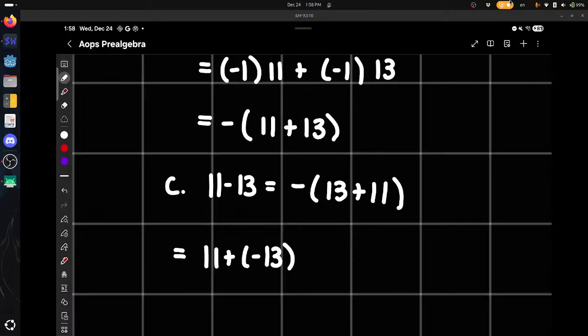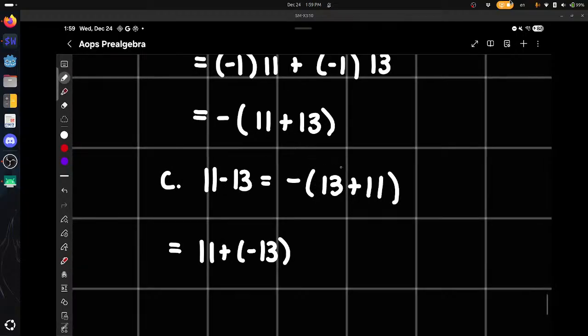I think I might have to go back a few pages, and no, that's multiplication. This is pretty weird because I see on the right hand expression that we can distribute the negative 1, but somehow the 11 doesn't become negative.